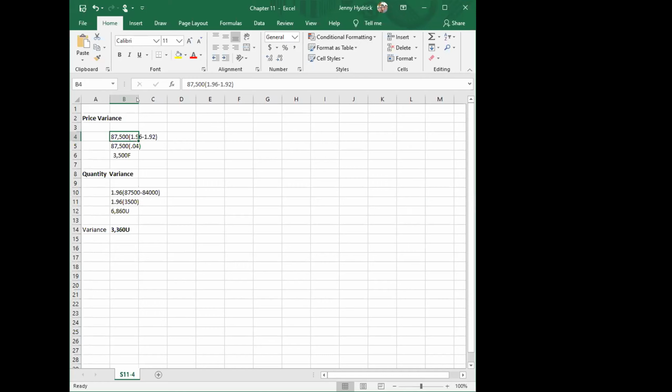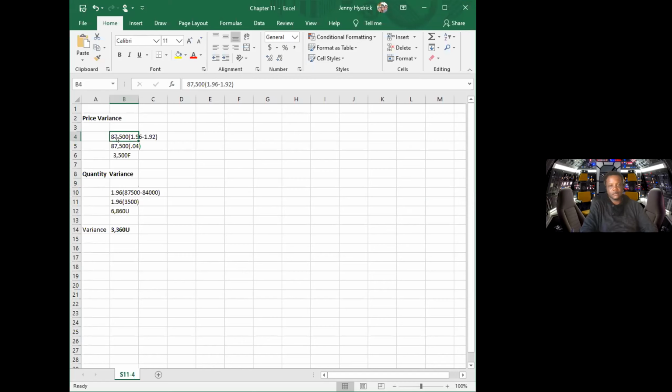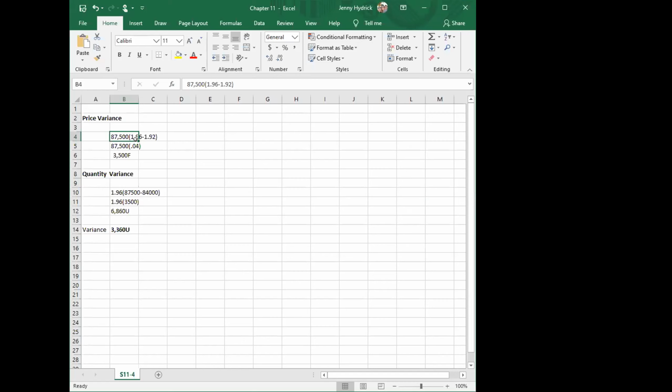Fortunately. Doggone it. Okay. So for the price variance, I took the 87,500 pounds of clay that they actually purchased. And then you take the price variance. The standard cost was $1.96, but we ended up spending $1.92.